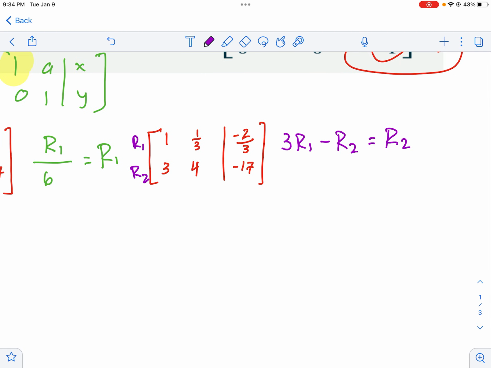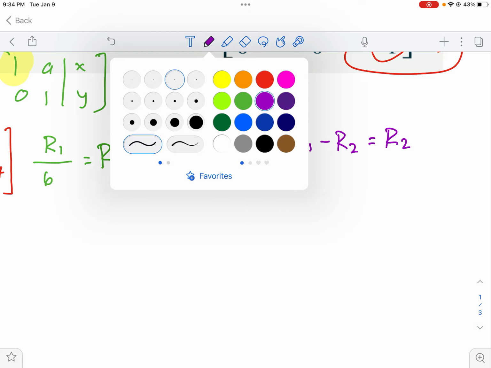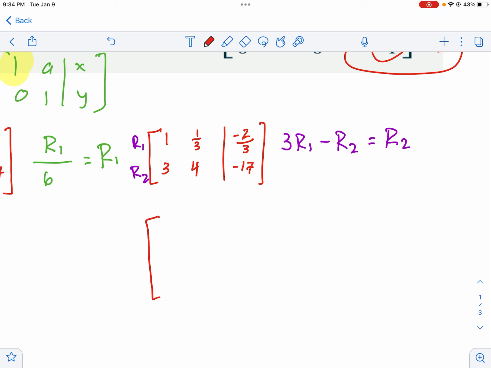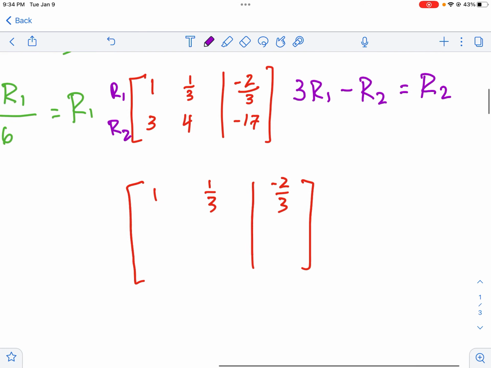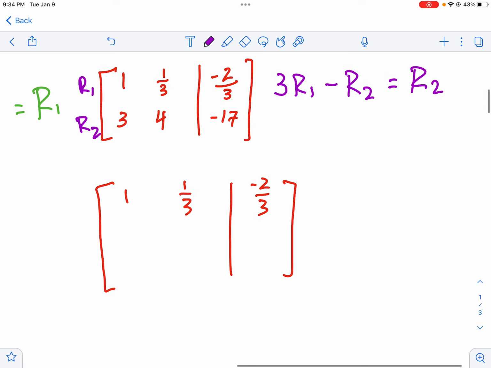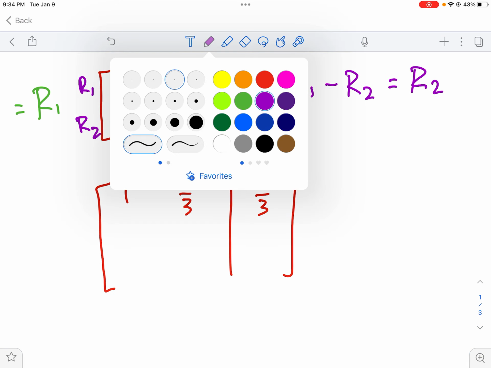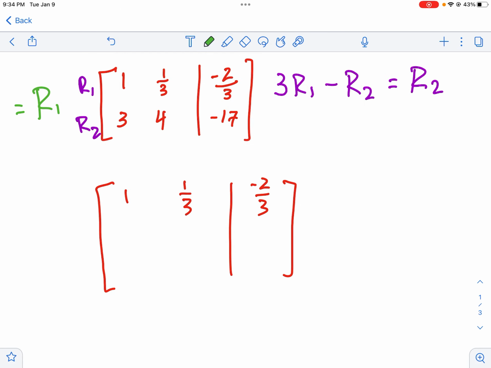So here's my new one. My top stays the same. I haven't done anything to my top. But my bottom is going to change. So my top is 1, 1/3, -2/3. My bottom actually changed, because 3R1 is 3, 1, -2.